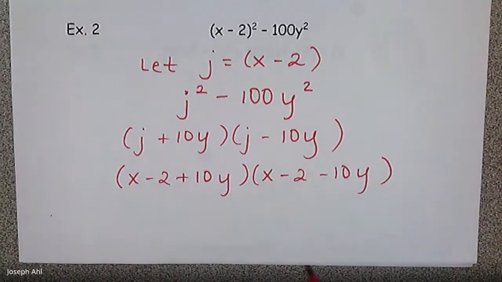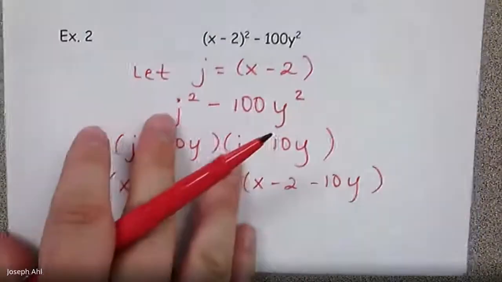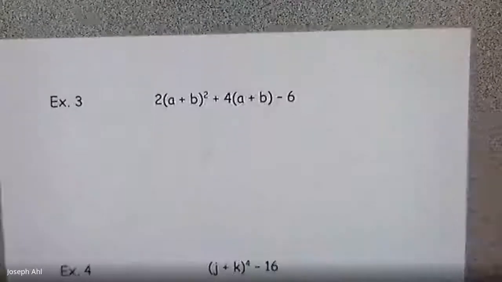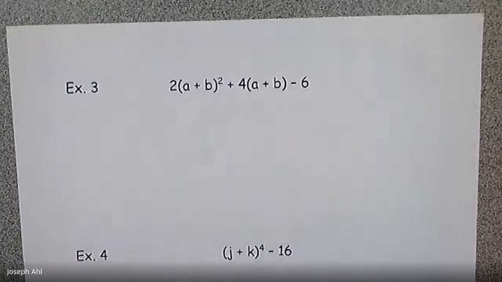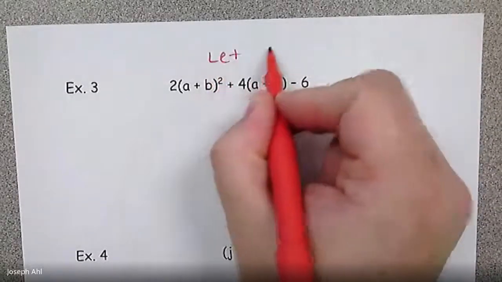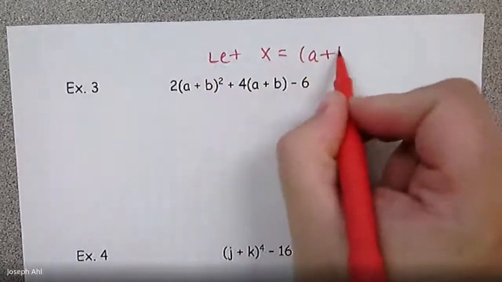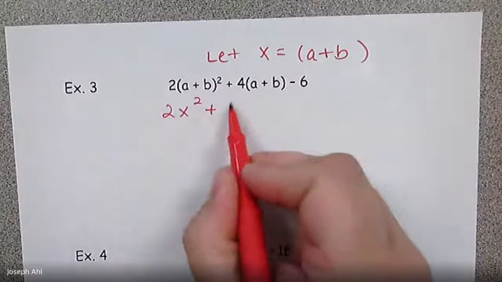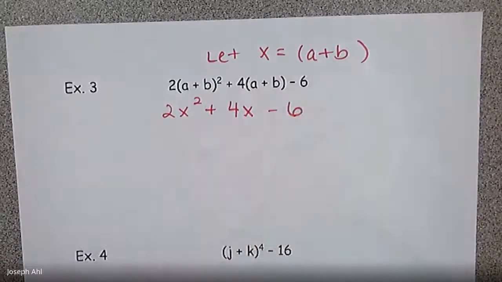Okay, so let's just try one more of these, and then we'll say that's it for today. We'll do a few more of these in class as practice, but the last one we'll do is example 3 here. So I'll let you use x this time. Let x equal the quantity a plus b. So now this is going to turn into 2x squared plus 4x minus 6.